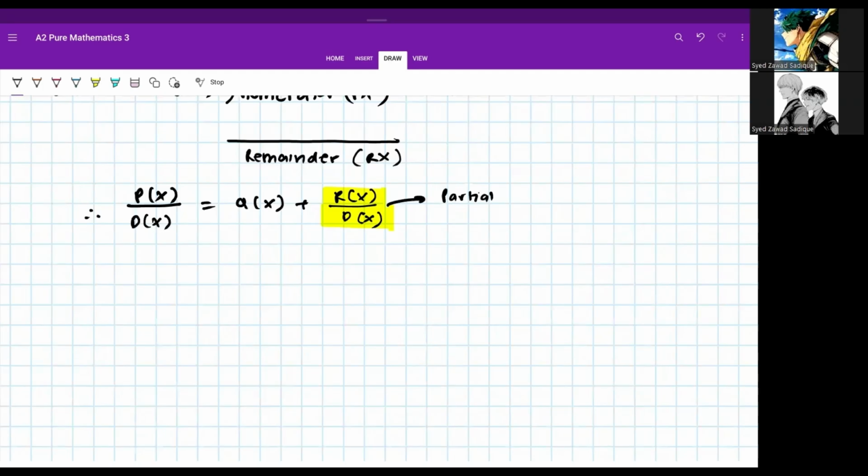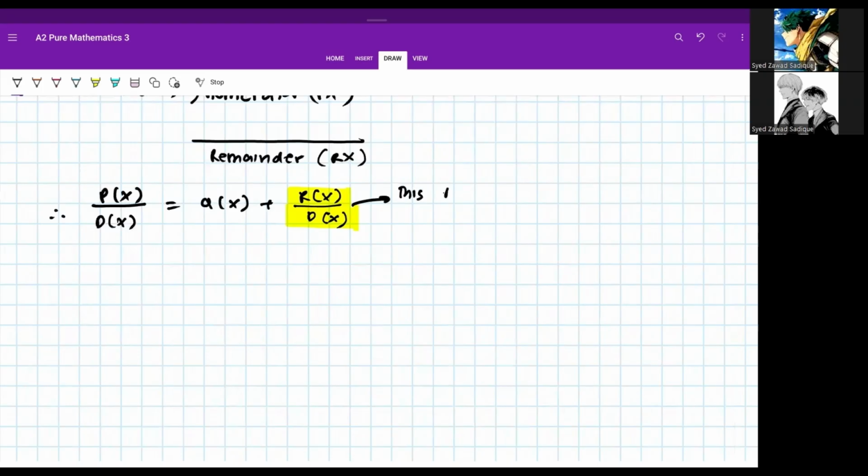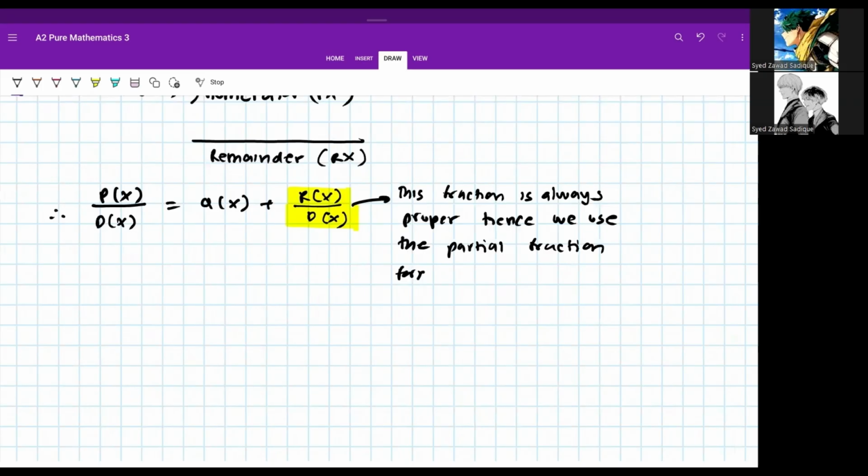This fraction is always proper, hence we use the partial fraction formulas above, depending on the case, to split it further.